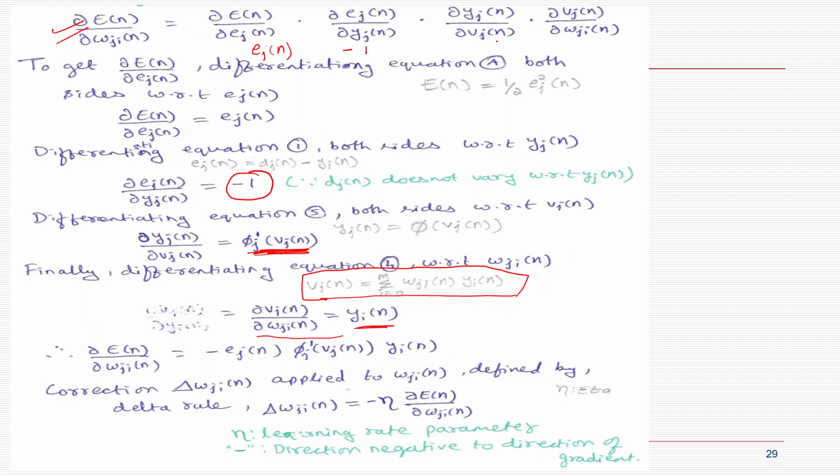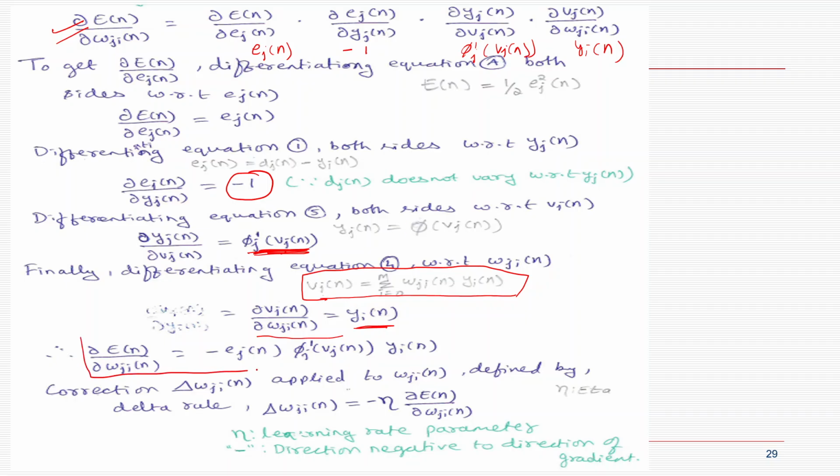And now Yj of n by Vj of n, we got phi dash j of Vj of n, and then differentiation of dou Vj of n by dou Wji of n is given by Yi of n.